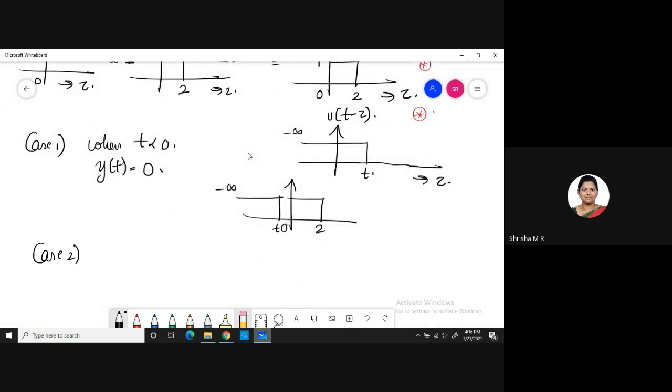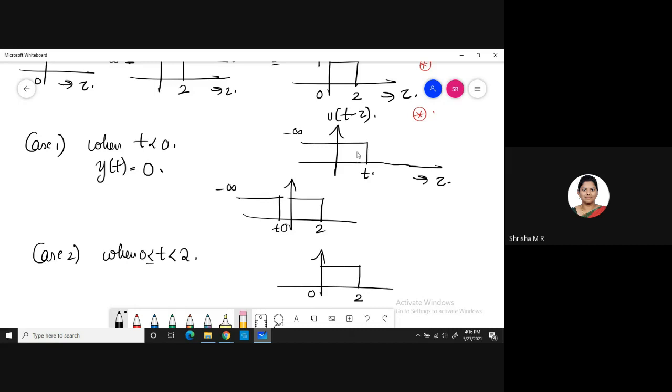Next case, case 2: t is greater than or equal to 0 and it is less than 2. That means where is t? 0 to 2 is my waveform.